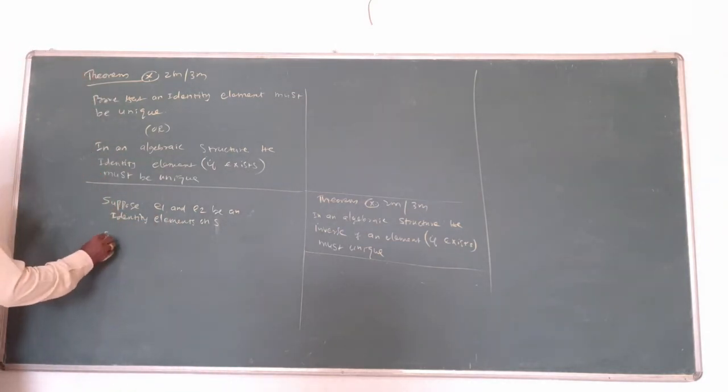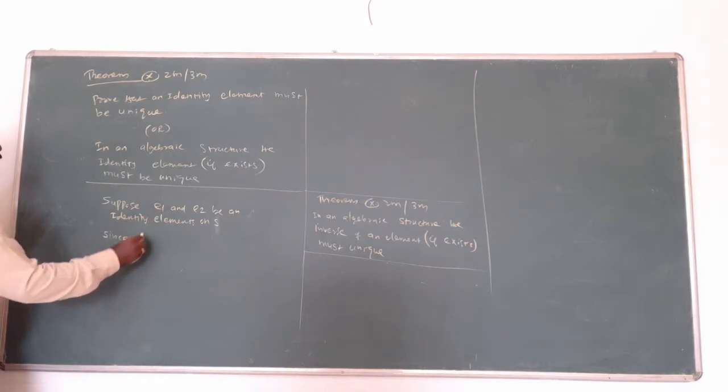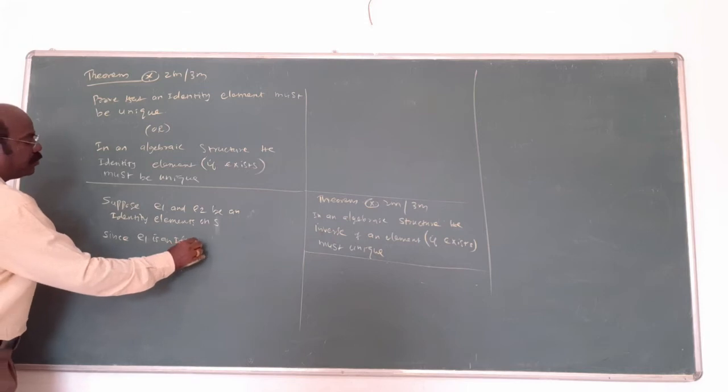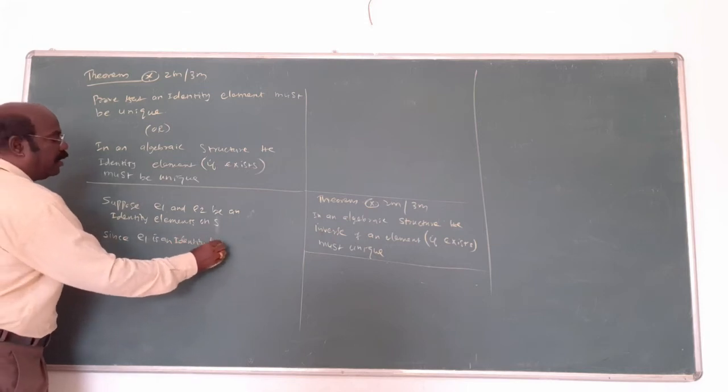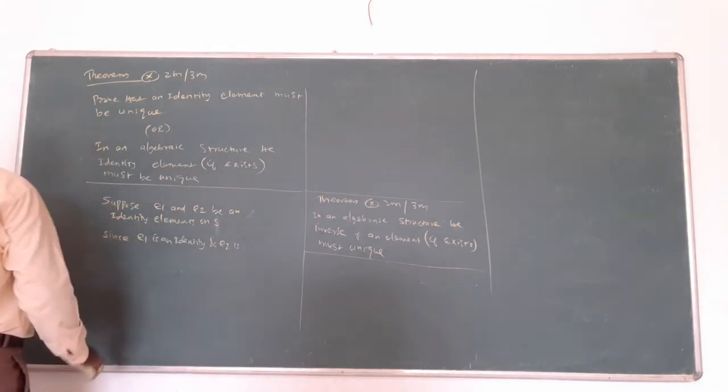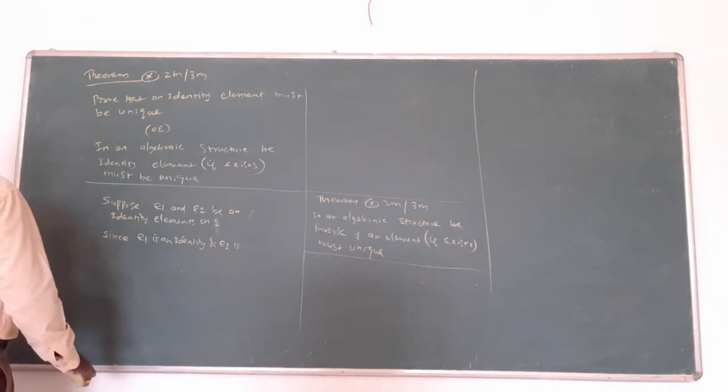Now, since E1 is an identity element, and E2 is an arbitrary element, some other element, not the identity element.